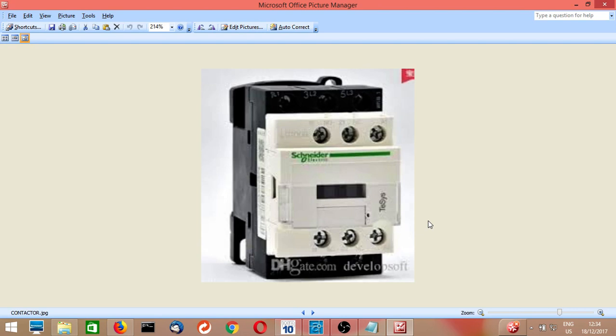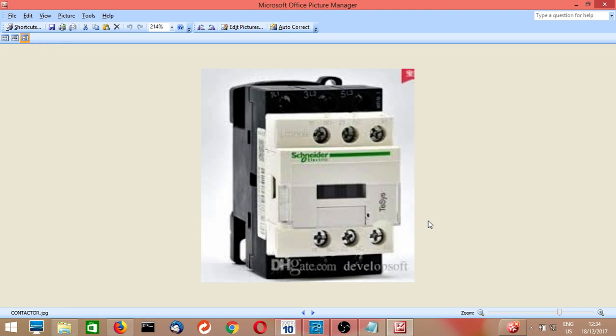Electrical motors have special electrical characteristics. When the motor is going to start, in the starting phase it will take maybe 5 to 6 times the full load current. But this contactor is manufactured to handle that starting phase current, that is AC3 duty, so we don't worry about that.